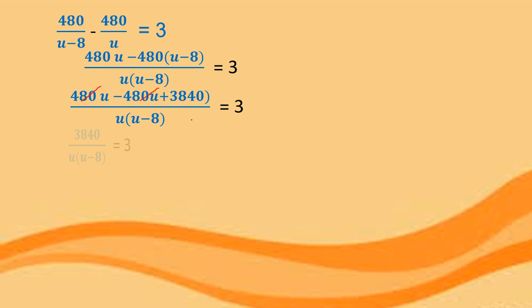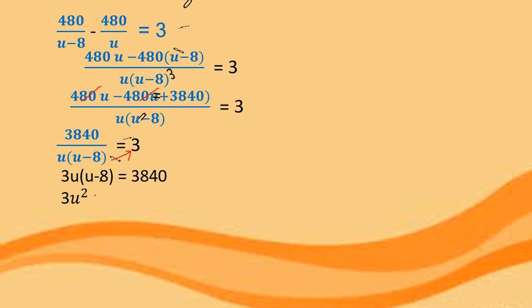By cross multiplication, we get 3 multiplied by u into u minus 8 is equal to 3840. Multiplying, we get 3u square minus 24u is equal to 3840, and this 3840 goes to the left-hand side. So it becomes 3u square minus 24u minus 3840 is equal to 0.